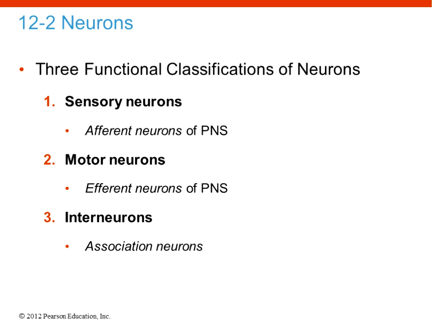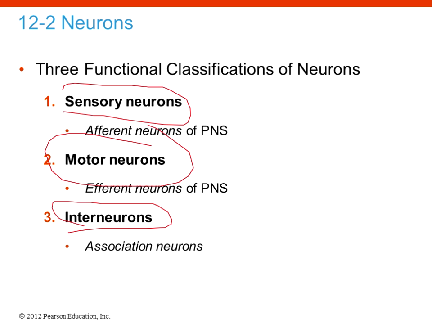All right, so neurons can also be classified functionally. You have sensory neurons, of course, that are bringing sensory information into the central nervous system. You have motor neurons, of course, that are sending information out to the body, commands and things like that. But then you also have interneurons.